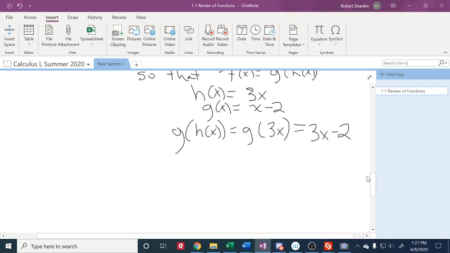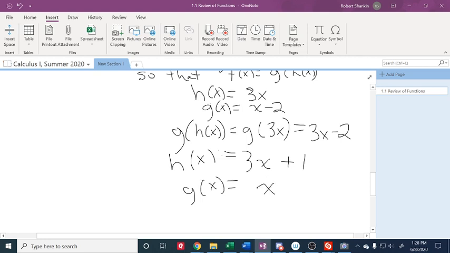So another possible answer might be h of x equals 3x plus 1. And then g of x, we're going to do something to this.